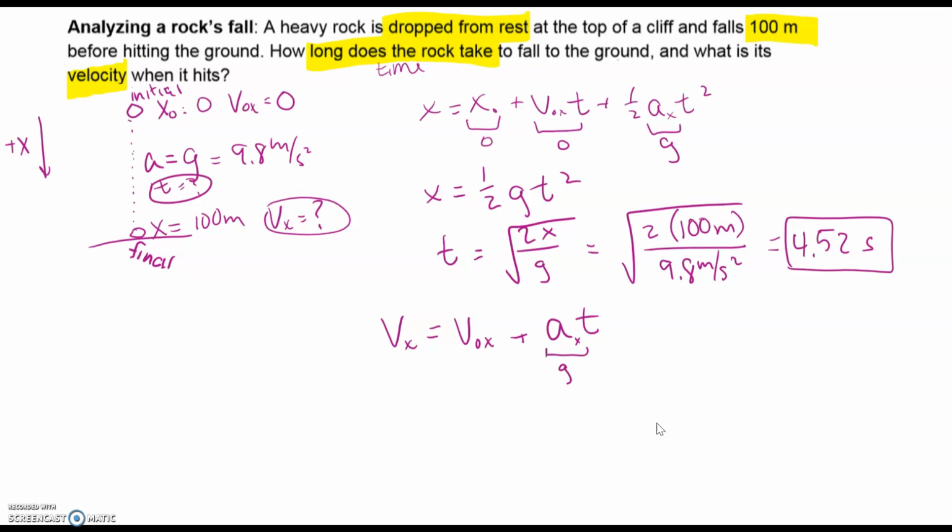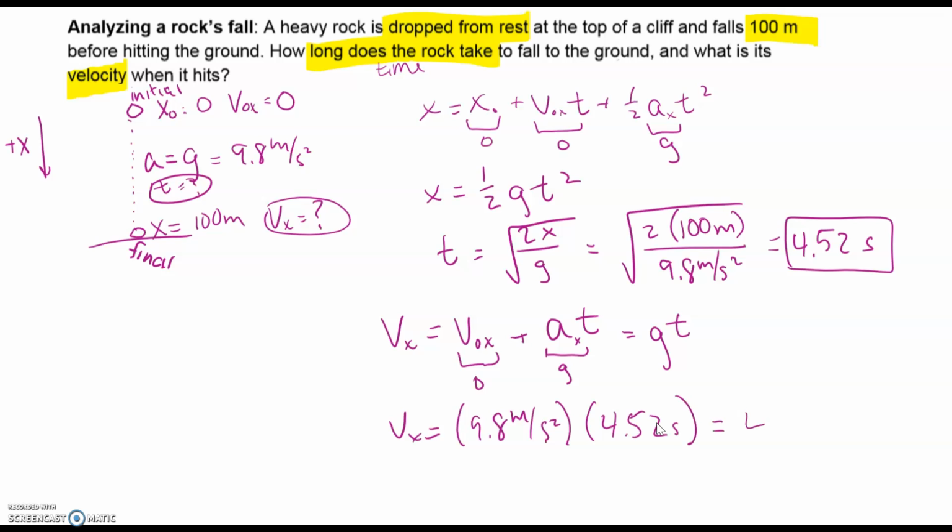Acceleration is positive g, and initial velocity is 0, so that simplifies to g times t. Plugging in numbers, 9.8 meters per second squared multiplied by our 4.52 seconds gives us a value of 44.3 meters per second.